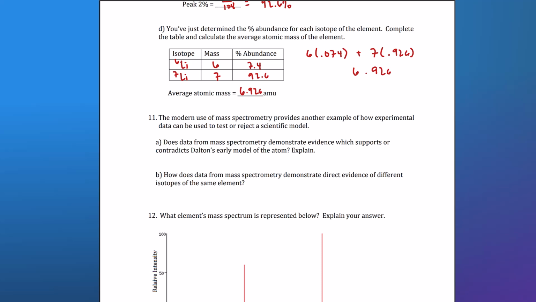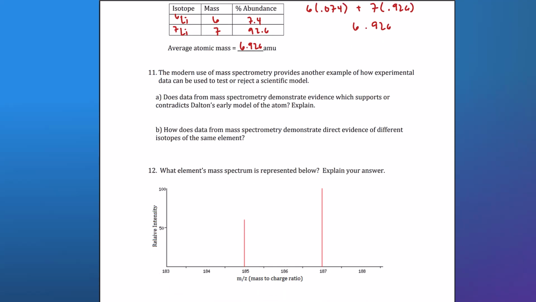Now, question 11 is asking you to think back and maybe do a little bit of research if you don't remember what Dalton's early model of the atom was. Basically, Dalton's early model of the atom was that an atom is a very tiny, indivisible, indestructible, and unchangeable solid sphere.